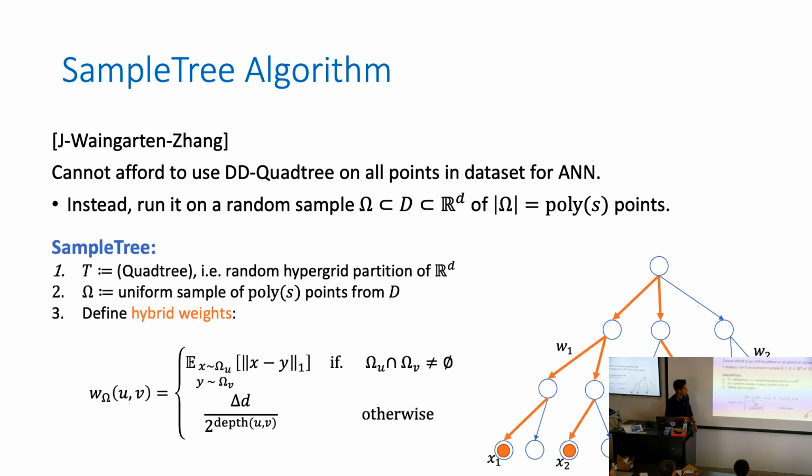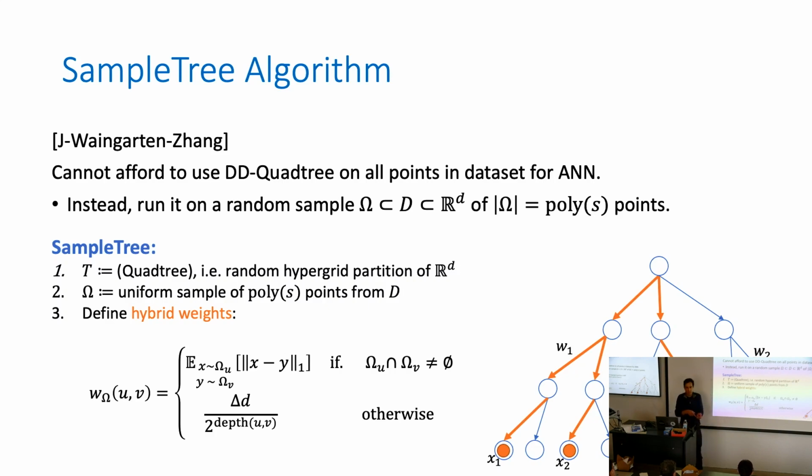And then I'm going to define the same exact quadtree. It's the same vertices as always, the same partition of space. The only thing I'm going to do is change the edge weights again to so-called hybrid weights. What I mean by that is I'm going to look at the edge that I care about. If a sample went down that edge at least once, then I'm able to define the data-dependent edge weight. So it's going to be exactly the data-dependent edge weight.